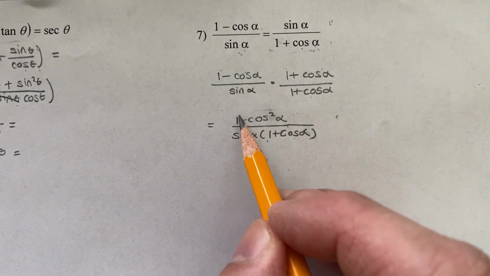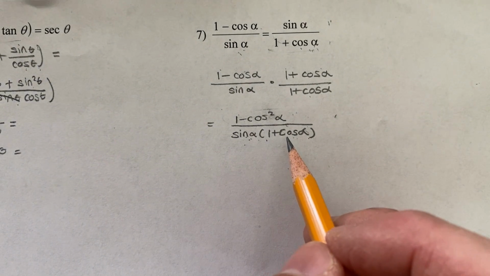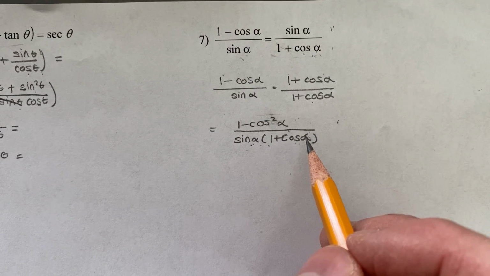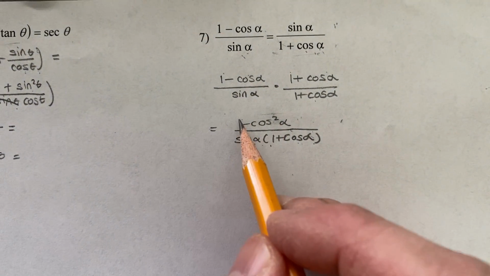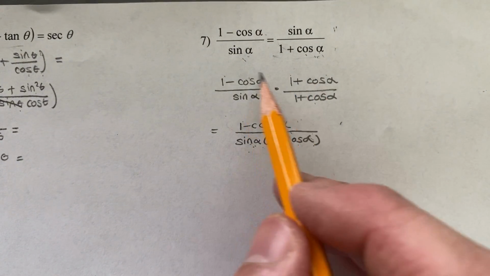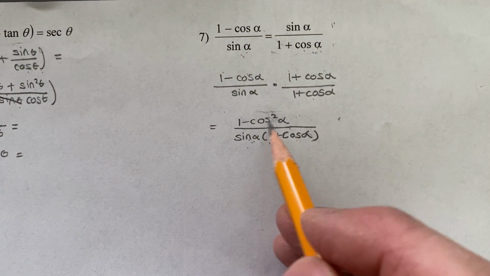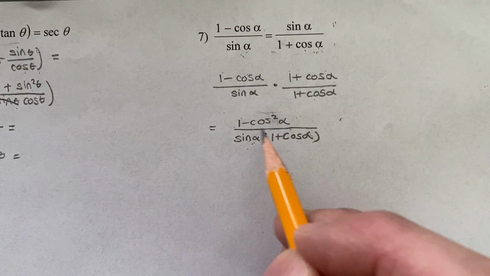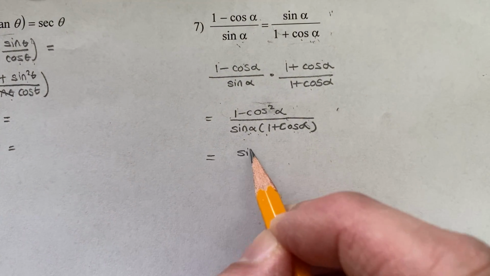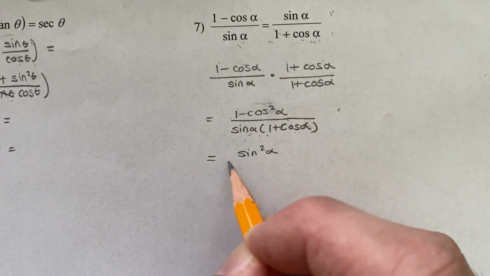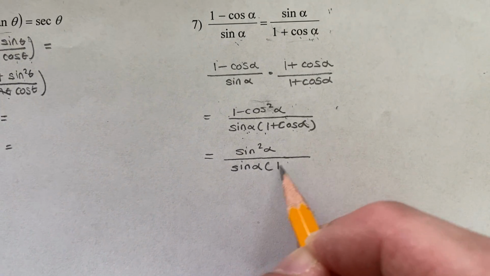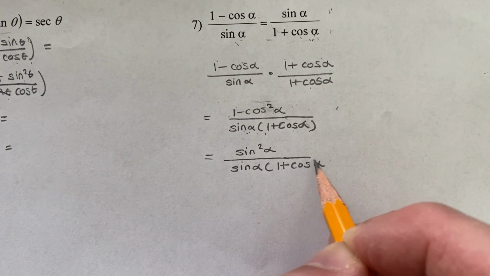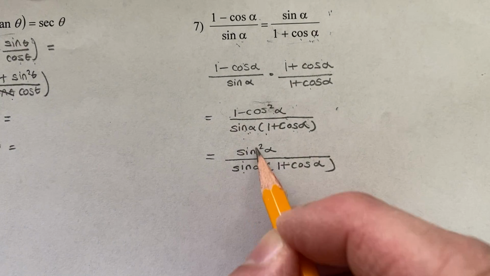And I'm almost done. In my numerator, I have a pattern of... actually, never mind. I probably shouldn't have distributed, but this works out. Okay, so 1 minus cosine squared alpha, that's just sine squared alpha. And now you can kind of see that these sine alphas are going to cancel out.